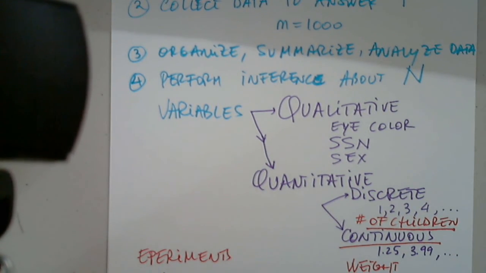It's the variable itself. So we have to go back to the column and the name of the variable. If it says number of children, it's clear. If it says distance, I don't care what I get. I know it's quantitative, continuous. If it says temperature, I don't care what I get as the result in the column. The top says temperature. It must be quantitative, continuous. Very good question. Thank you.